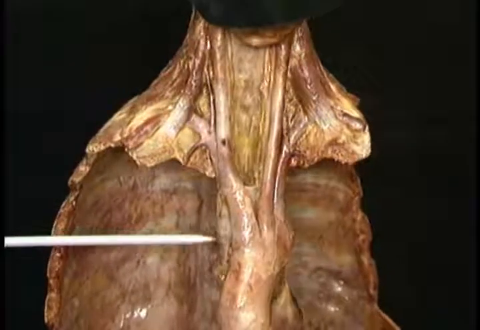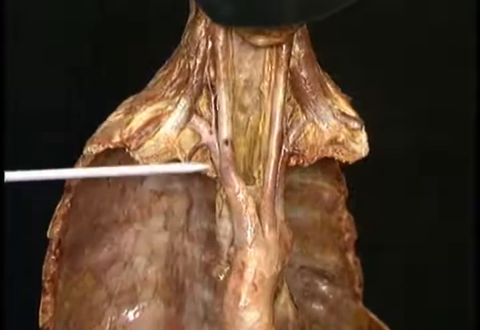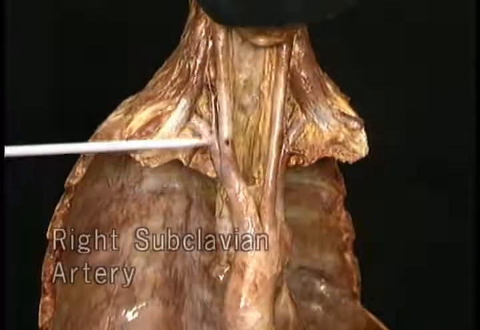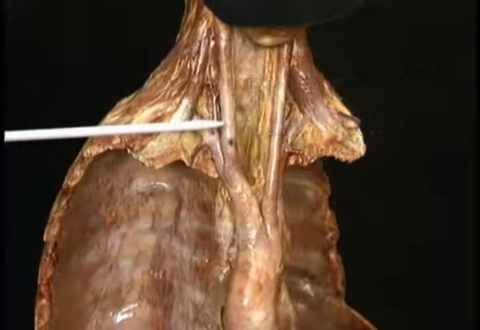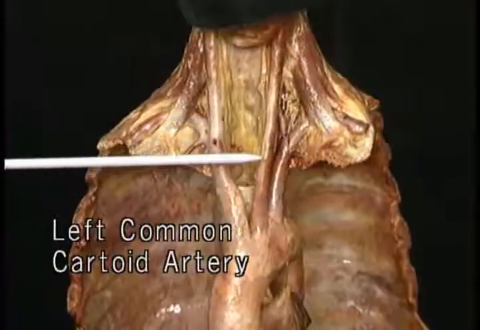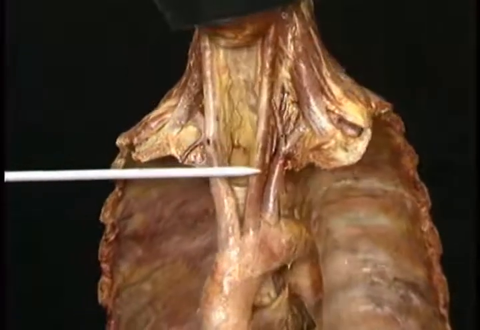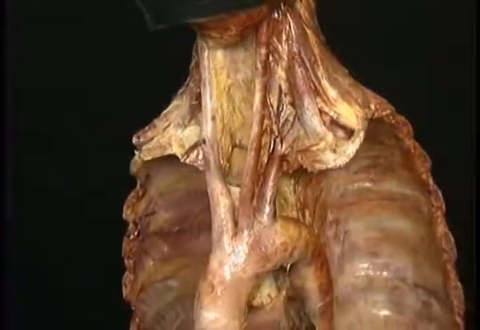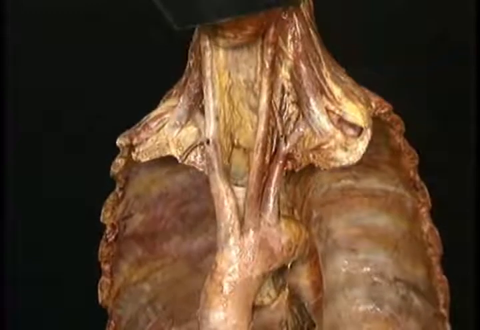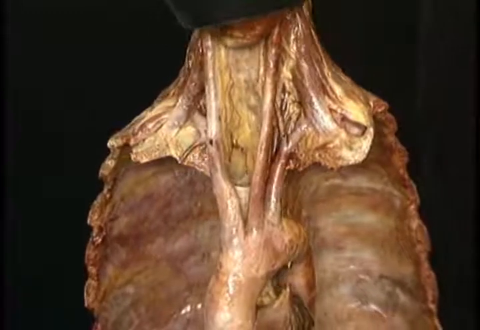The brachiocephalic artery divides here into the right subclavian and the right common carotid arteries. Here's the left common carotid. Here's the left subclavian. The subclavian and common carotid arteries are shown in volumes 1 and 4 respectively.